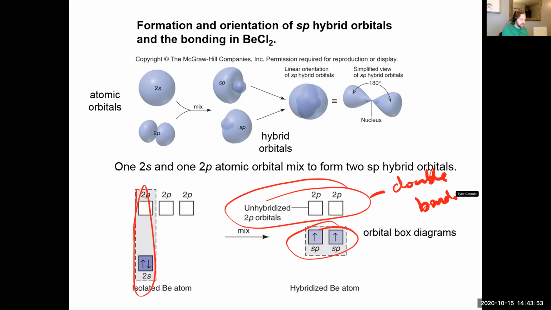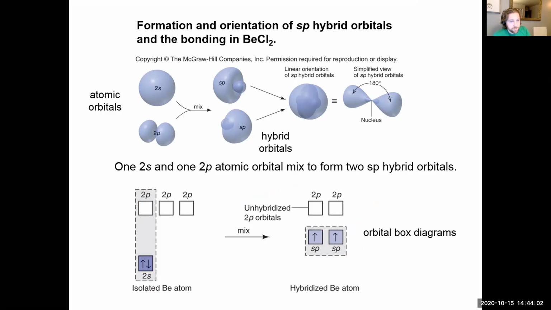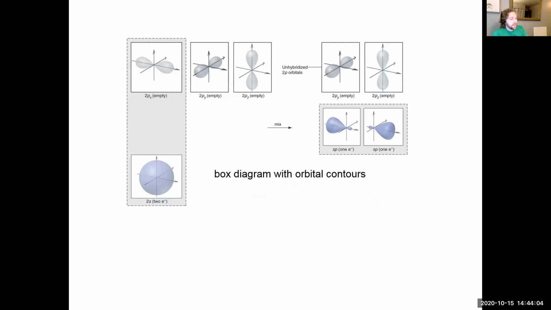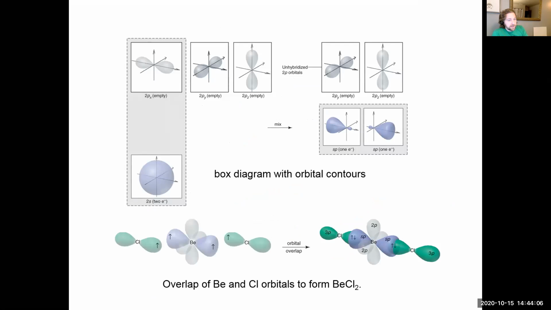So anytime there is double and triple bonding, it has to do with interactions between these unhybridized orbitals. And that's a conversation more for Monday. But I love this stuff because you get some great visuals once you get used to reading these. And here's an example of what these hybridized orbitals can look like.